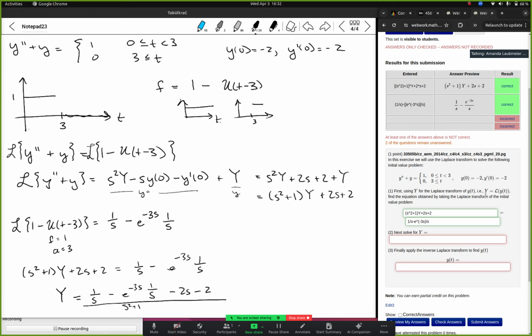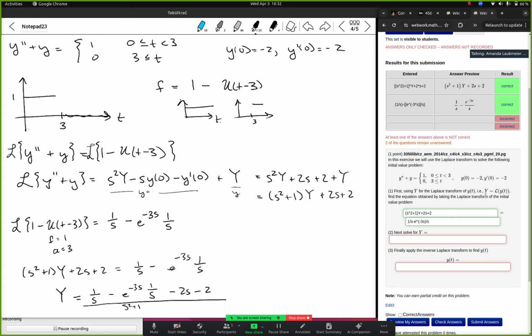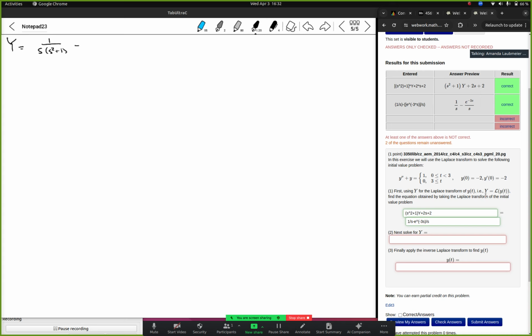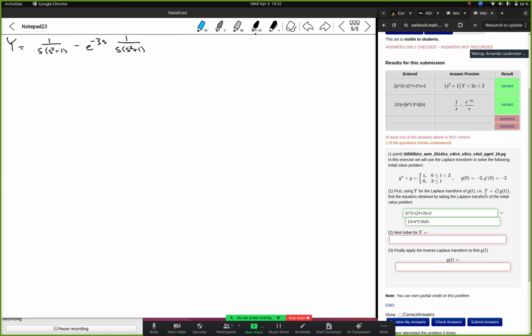So I'm going to write it on the next page. I've got 1 over s squared plus 1, minus e to the minus 3s times 1 over s times s squared plus 1, minus 2s minus 2.